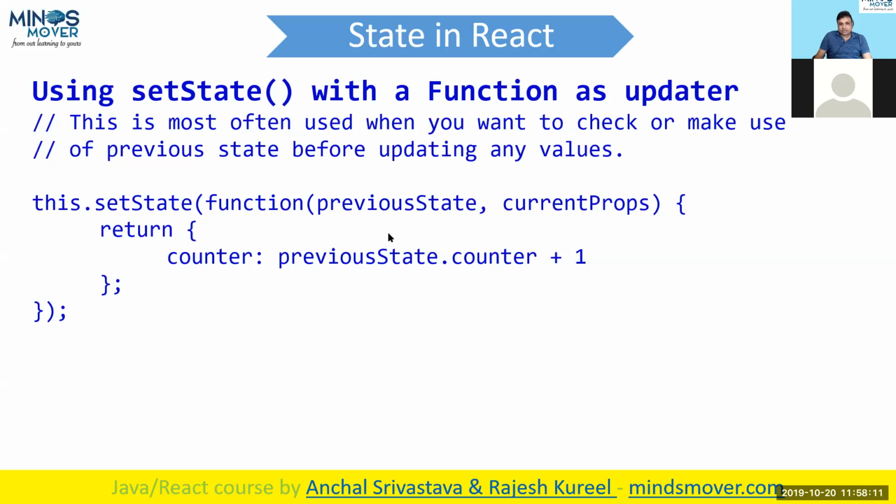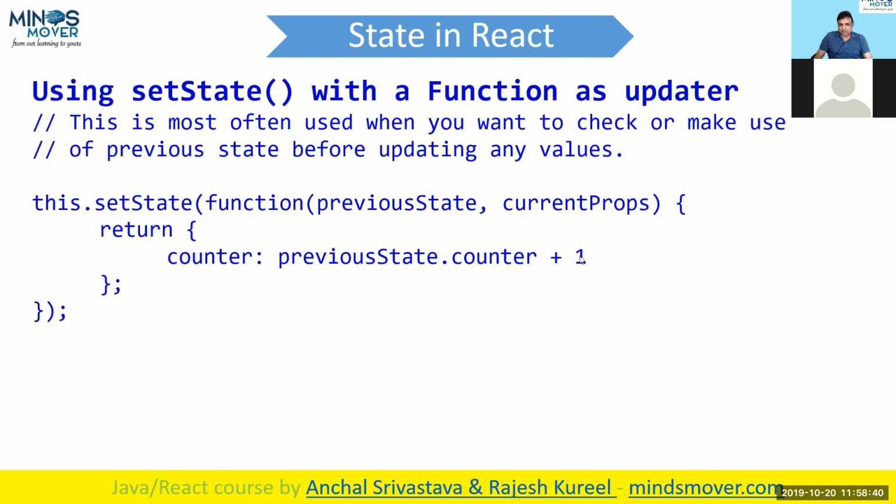So here we are doing some manipulation, right? This function is called when this.setState is called. Whenever you call the setState method, your previous state, whatever was there, that object you will get, and based upon that object you can do some calculations. This is just a simple calculation, right?